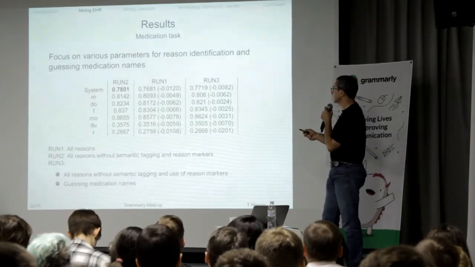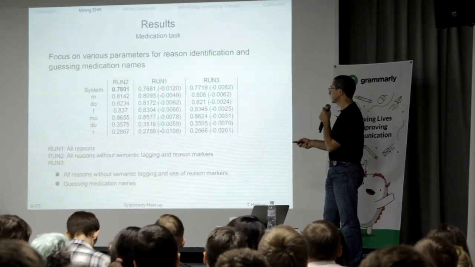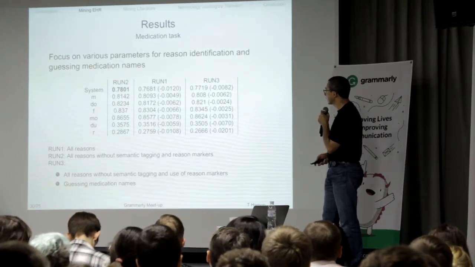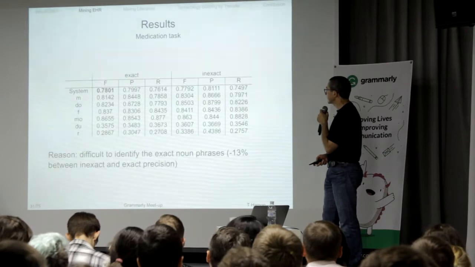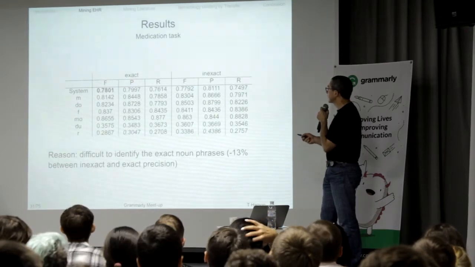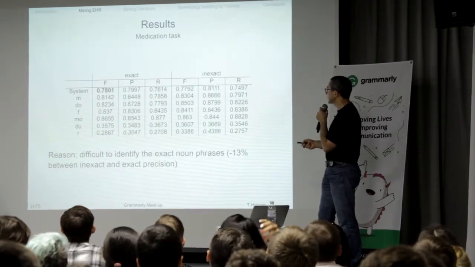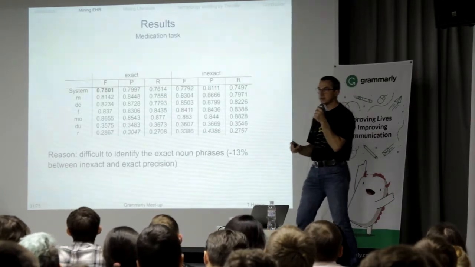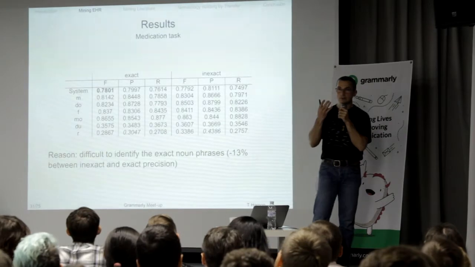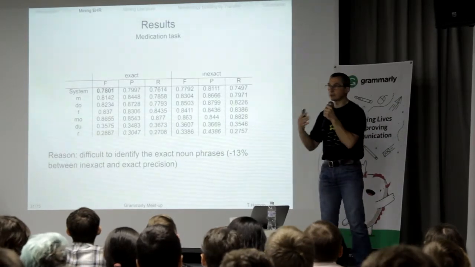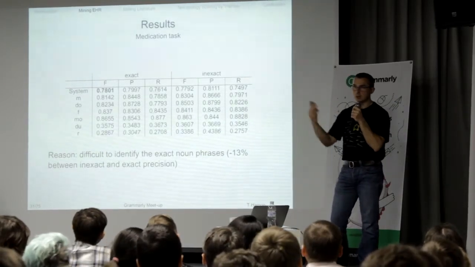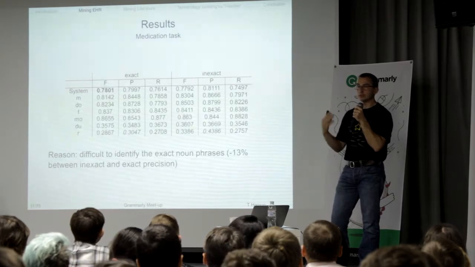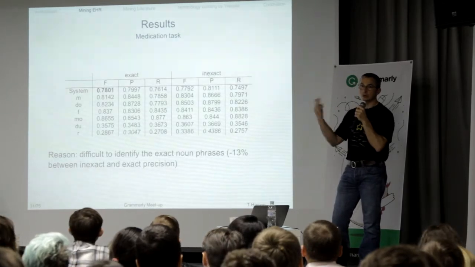So the system achieved better results with the second run. You have here the full results with exact match and inexact match. Inexact match means that we provide some terms which are not a good one, but the term included is a good one.